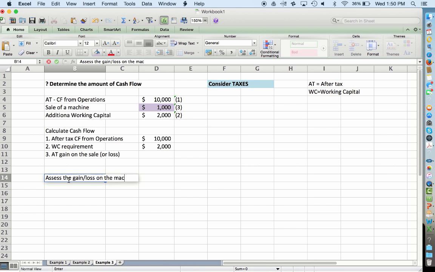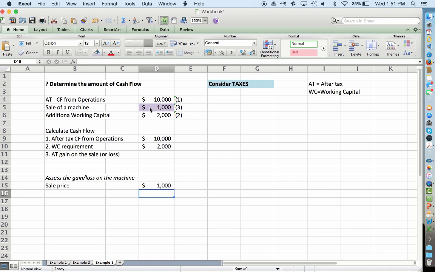So what we do is we calculate or determine what the sale price is. Well, I've told you that we sold it for $1,000. Okay? Then we would find its book value at the time of sale. We would either calculate it or it would be given to us. Well, I'm going to give it to you. Its book value is 0. It's fully depreciated.